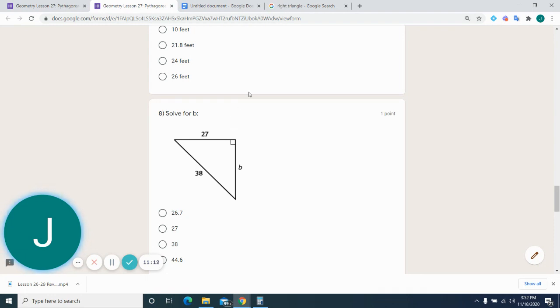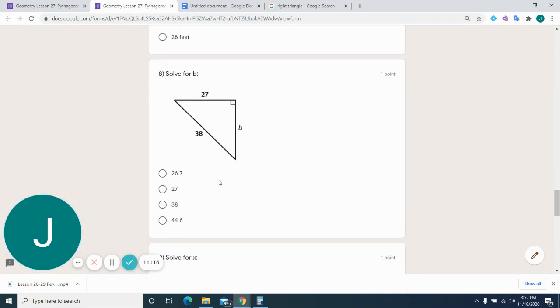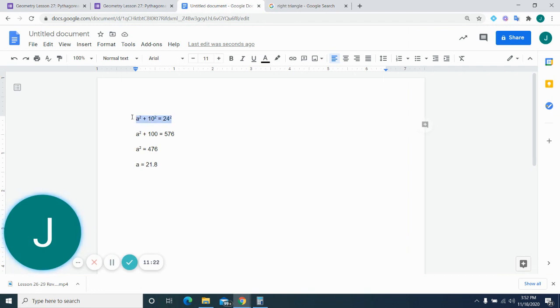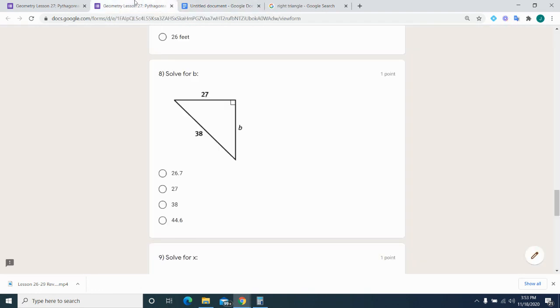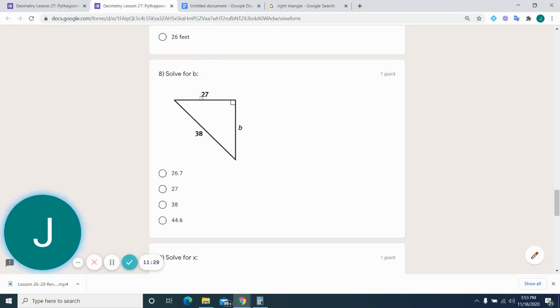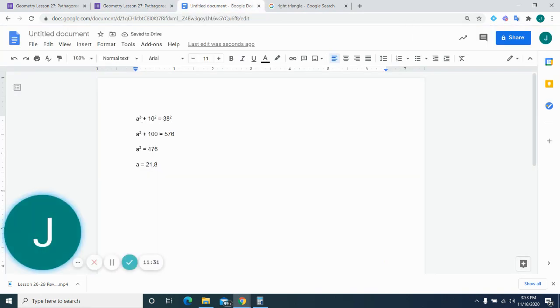Now look right here, solve for B. Similar situation, except it doesn't give you a word problem that you have to picture yourself. It's just already drawn for you. So this time the hypotenuse is 38. This time we know A is 27.